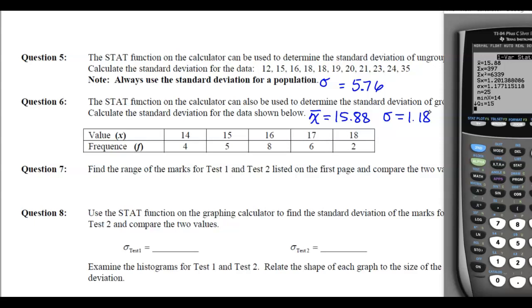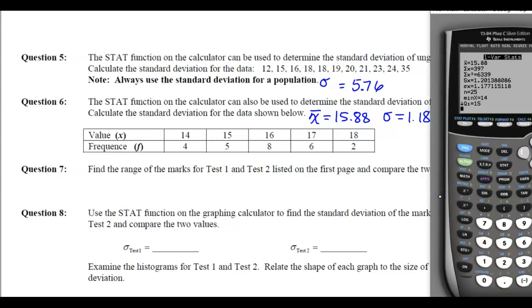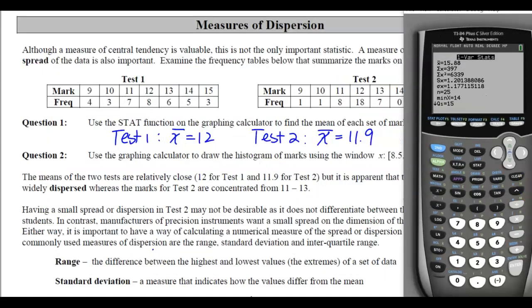Okay. Question 7, find the range of the marks for test 1 and test 2 listed on the first page and compare the two values. Then use the stat function to find the standard deviation of those. That's why I shouldn't have cleared it off. I totally forgot. So let's go back to the first page.